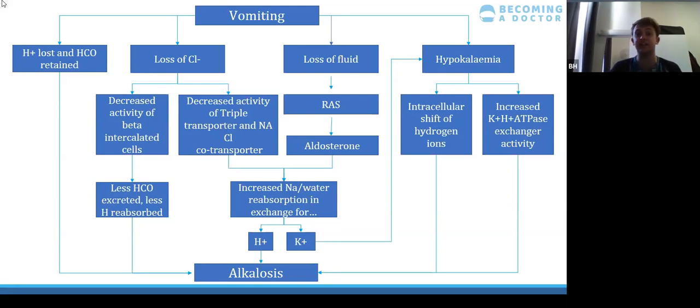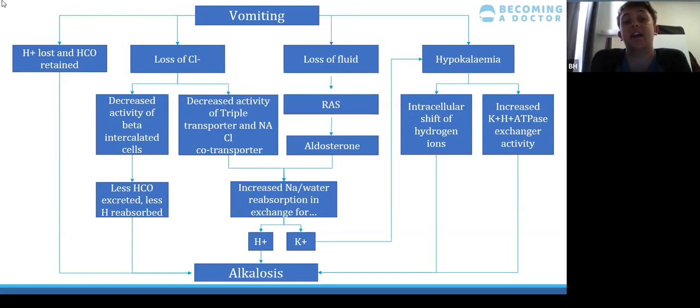In addition to this, we're also losing lots and lots of fluid, and that's going to be detected as a low blood pressure in the glomerulus of the kidneys. And so we're going to get activation of the renin-angiotensin system, and so we're going to get lots of aldosterone. And aldosterone is going to lead to the activation of those transporters in the nephrons, if you can remember them.